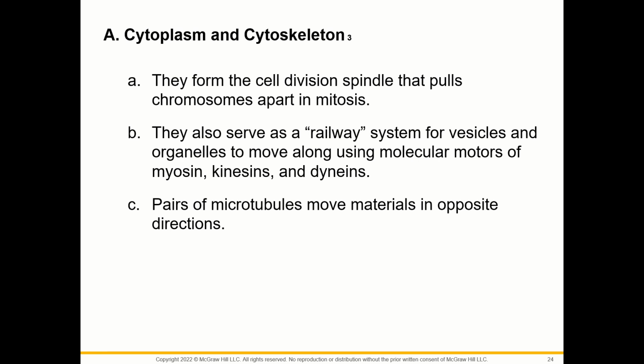And then myosin is going to be one of the motor proteins of the muscle fibers, and it is what moves the actin and slides it during muscle contraction. We always had a phrase when I was in school that said, on a cellular level, I'm really quite busy. So pairs of microtubules move materials in opposite directions.